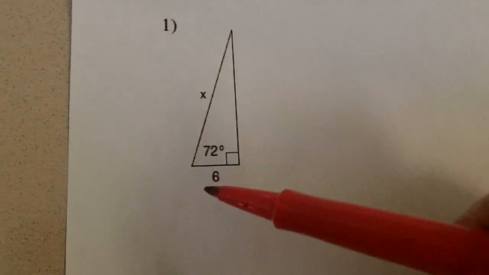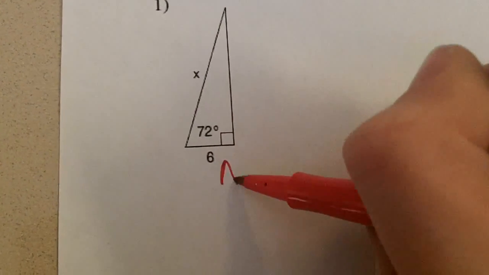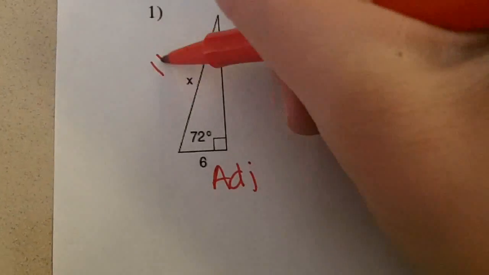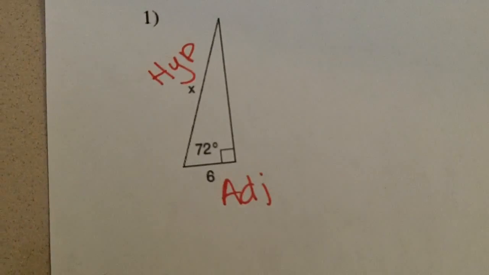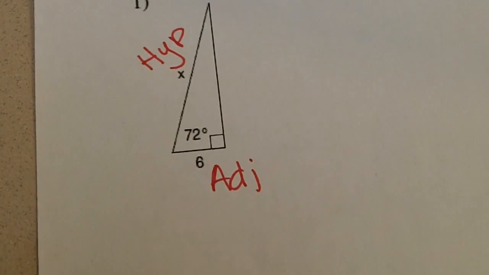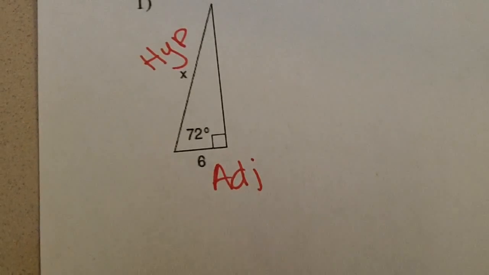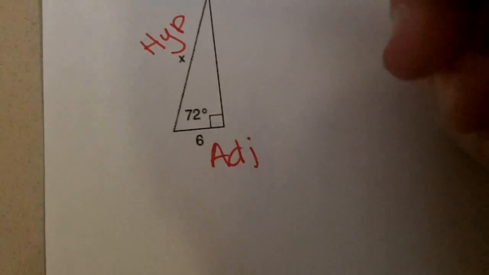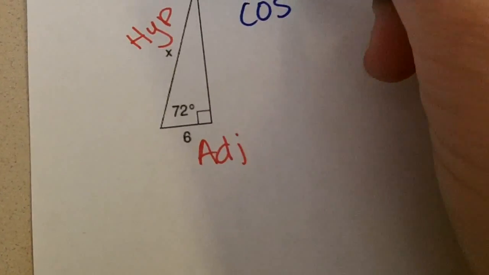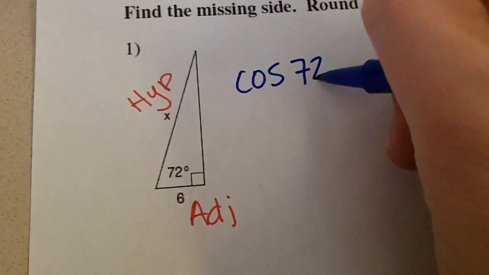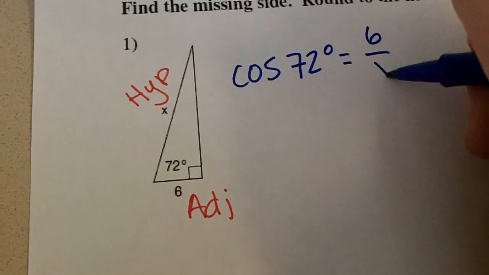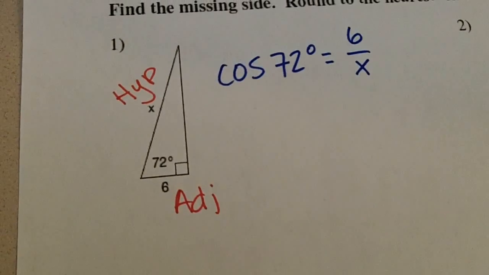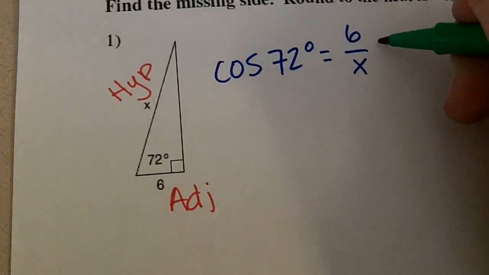In this triangle, 6 is the adjacent side and x is the hypotenuse. So looking from our notes before, we need to use cosine because that is the ratio of the adjacent over the hypotenuse. So the cosine of 72 degrees equals 6 over x. When x is on the bottom, you first multiply by x.